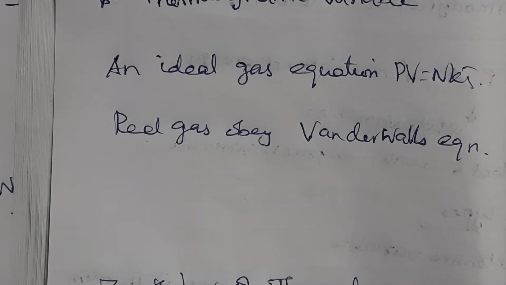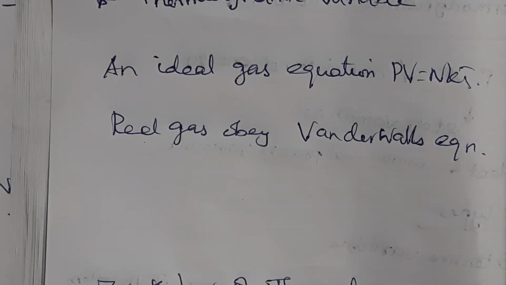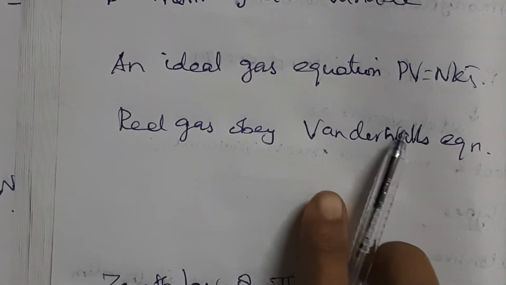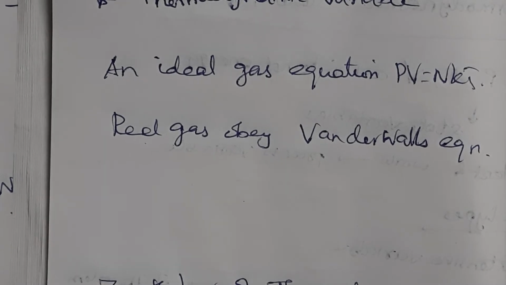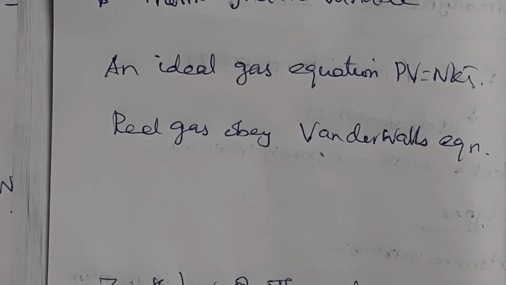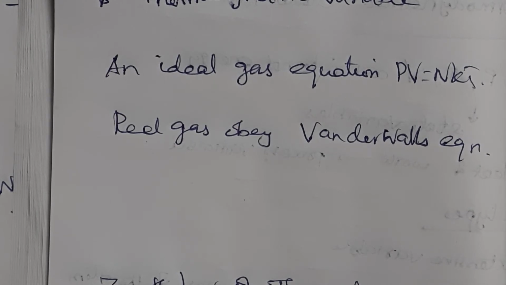Two examples of equation of state are given. One is an ideal gas, which obeys the equation PV = NkT at thermodynamic equilibrium. What do you mean by this? Here, we cannot change one variable alone.